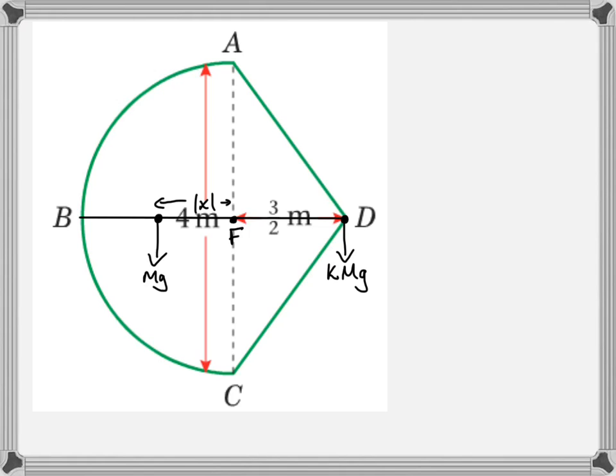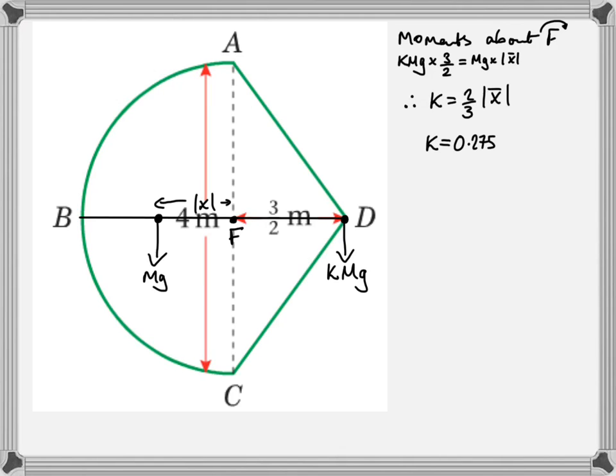So if we put the point F in and we take moments about F, then we can say that the clockwise moment must be equal to the anti-clockwise moment, as shown. A very, very quick and simple bit of simplification gives us that k is equal to 2/3 of x bar, which gives us k is equal to 0.275. And that's it.